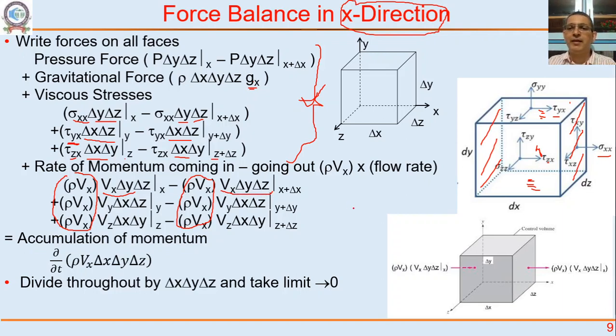Imagine that there is a train like this. Let's say this is our x direction and this is our y direction. You are running in the x direction. The train is also going in the x direction. The train can be stationary if you want, it doesn't matter.